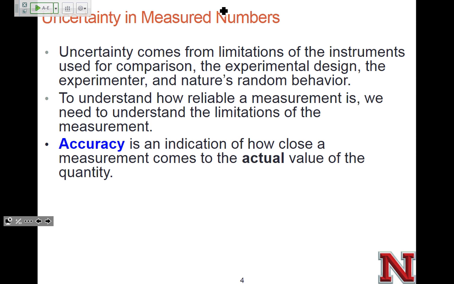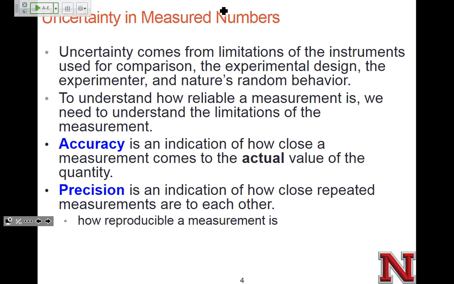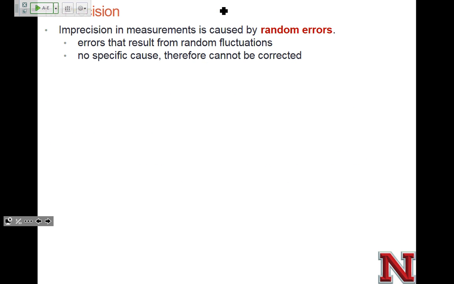If I measure out and give you a sample of 5 grams of sugar dissolved in water, and I tell you to determine how much sugar is in that water, and you do whatever you do to determine it, and you come out with 3 grams, you're not very accurate. Precision is an indication of how close repeated measurements are to each other, how reproducible that measurement is. So we'll look at both of those.